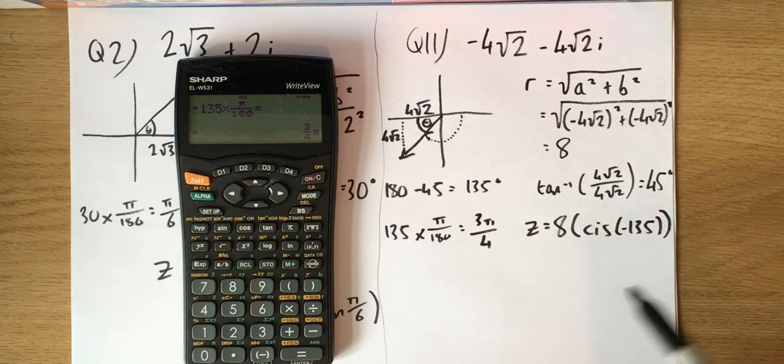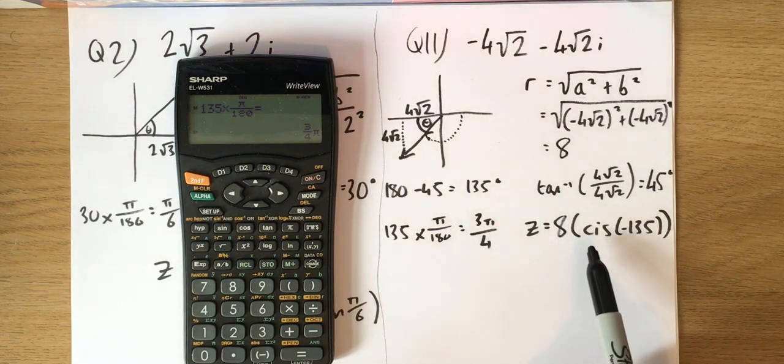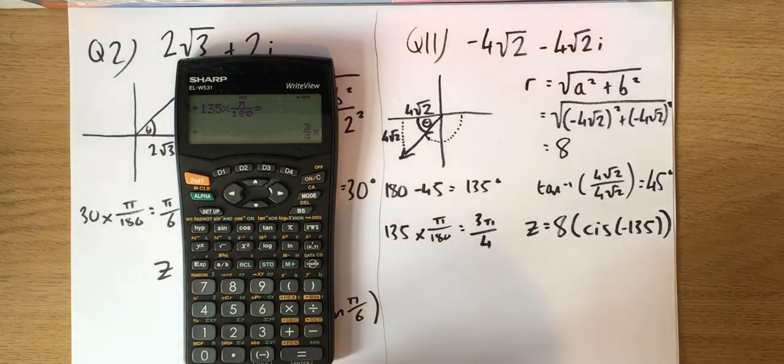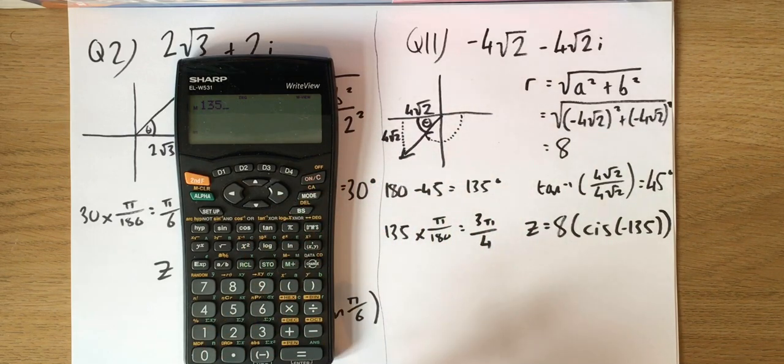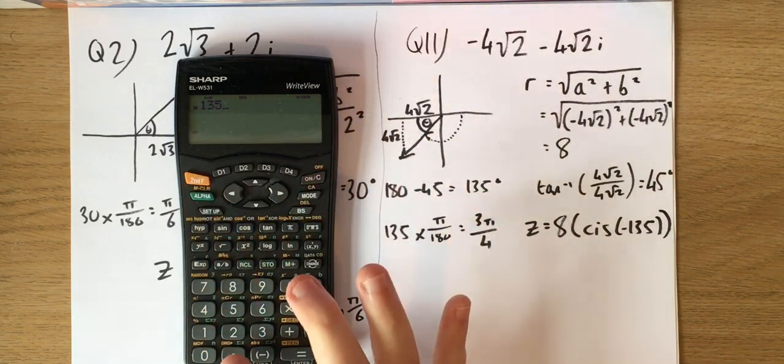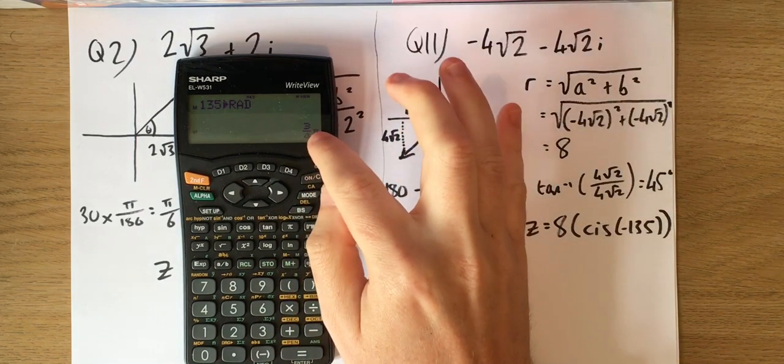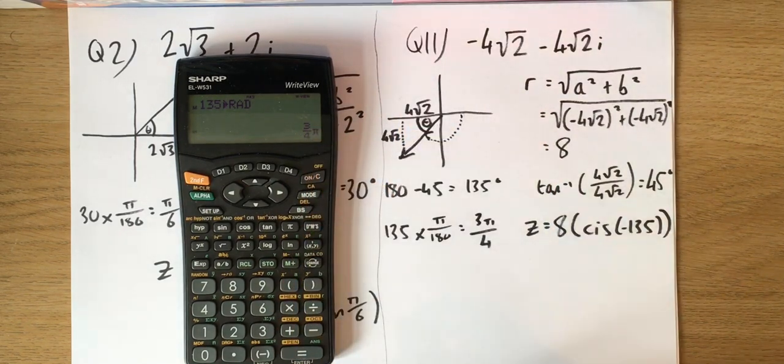All right, so then my complex number will be 8 cis minus 3 pi over 4. I could also do that using the calculator, so just 135, second function DRG, gives me 3 over 4 pi, so that's me getting it a different way. It would still be the same answer.